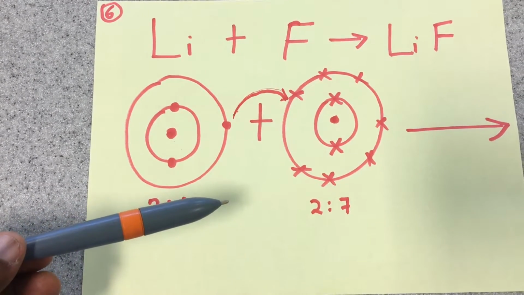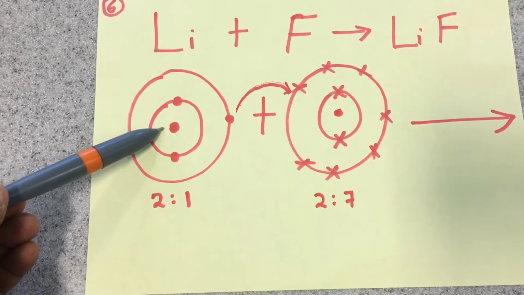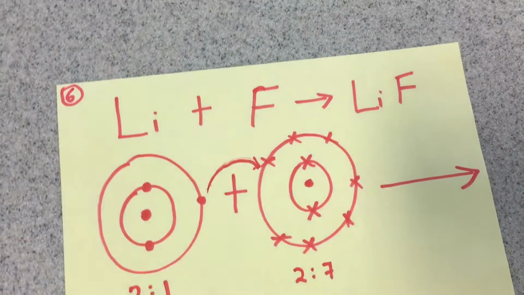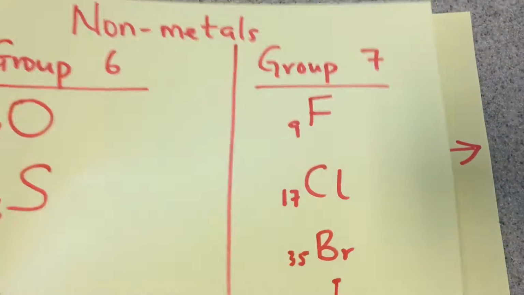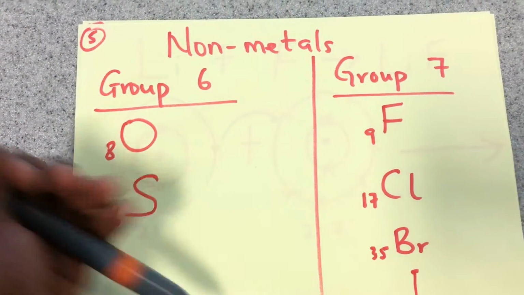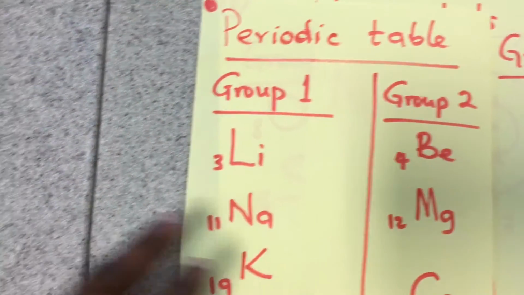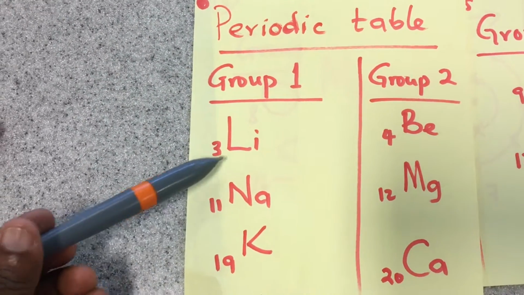For an ionic bond to form, it's supposed to be between a metal and a non-metal. Fluorine is listed under non-metals, and lithium is listed under metals, under group 1.